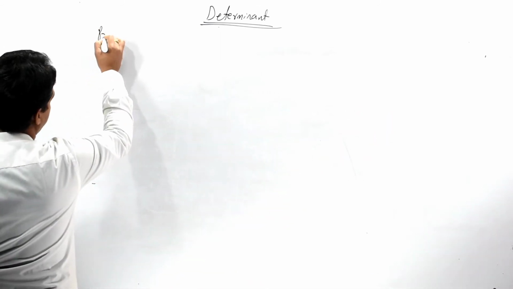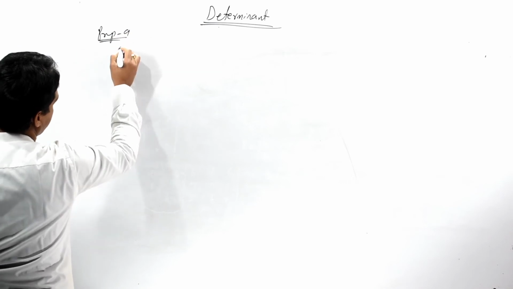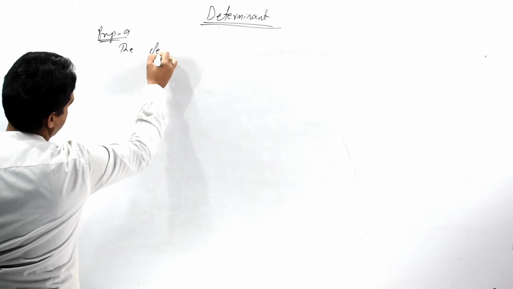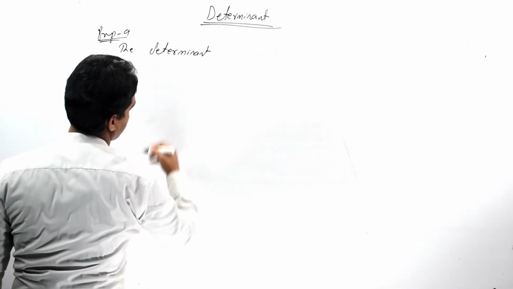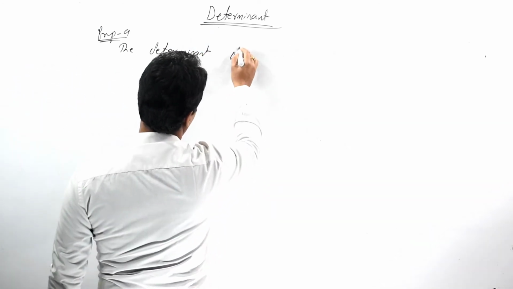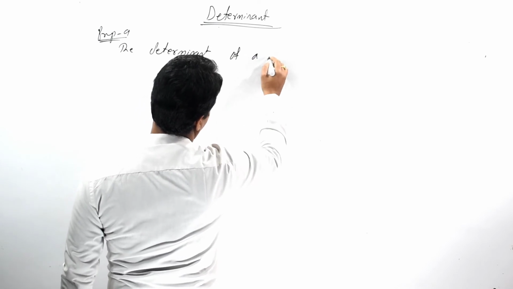So our property 9 is the determinant of a product.